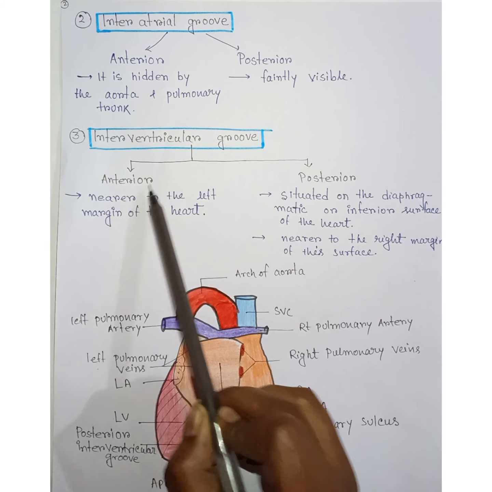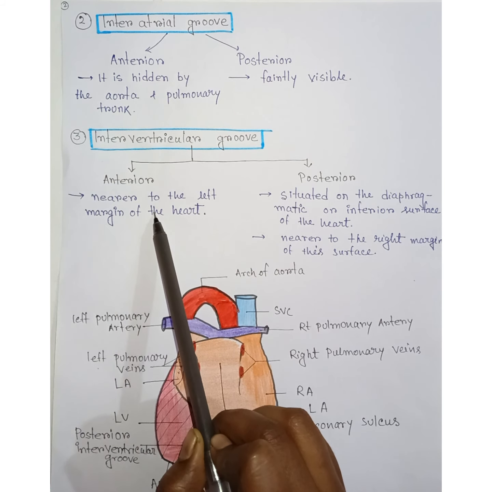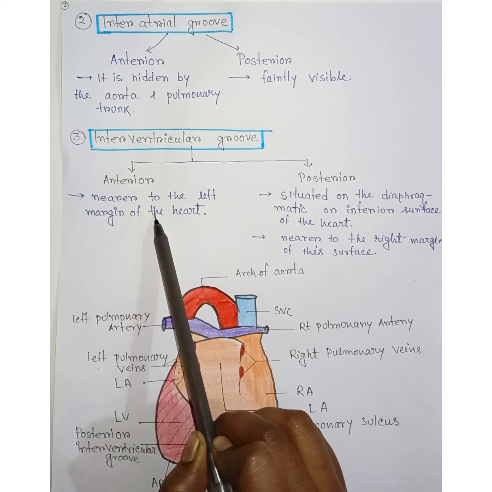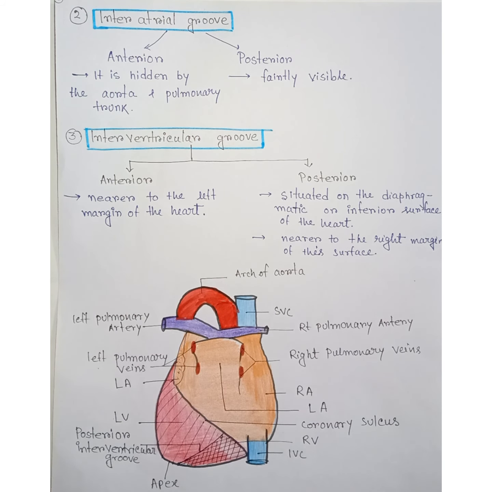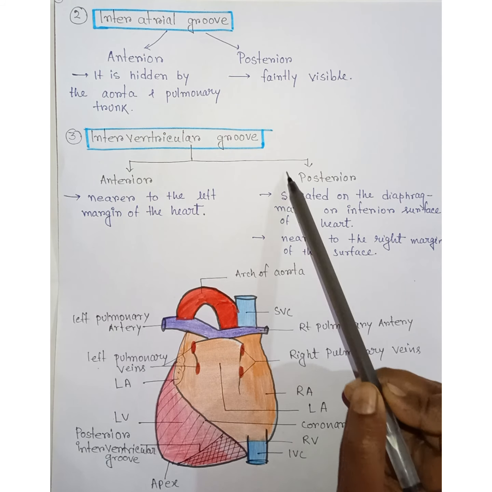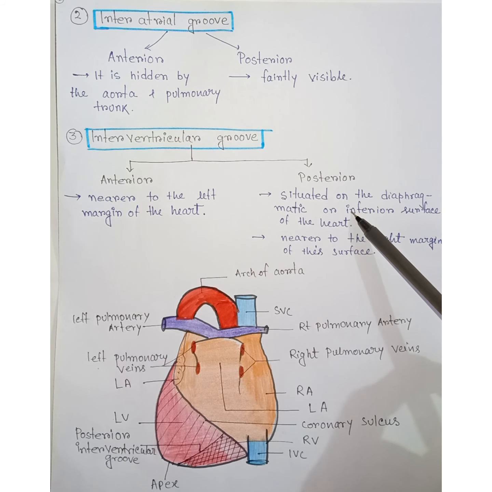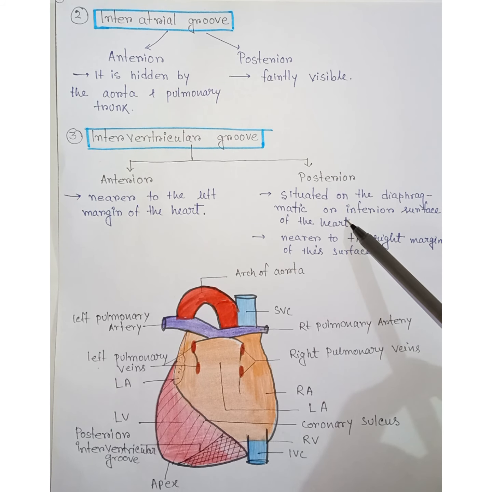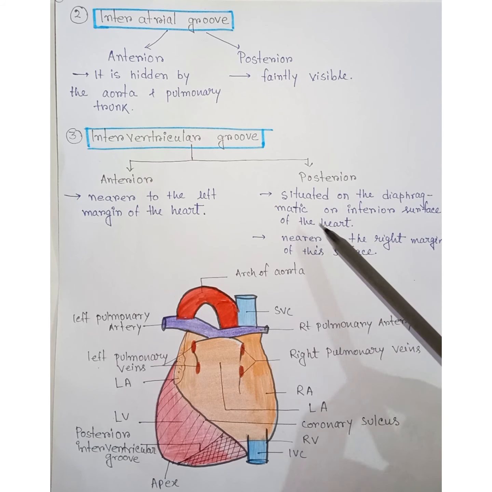There are two parts, anterior and posterior. The anterior interventricular groove is nearer to the left margin of the heart. It runs downward and to the left. The posterior interventricular groove is situated on the diaphragmatic or inferior surface of the heart, nearer to the right margin of this surface.